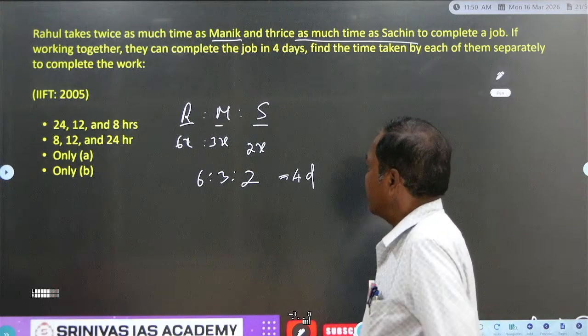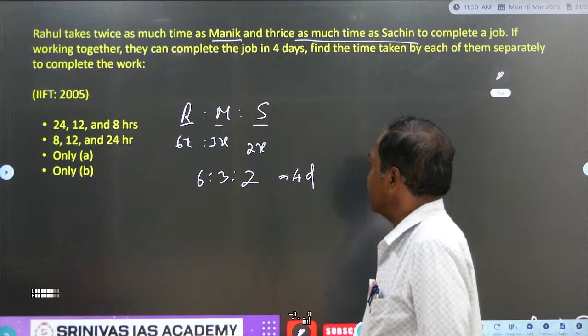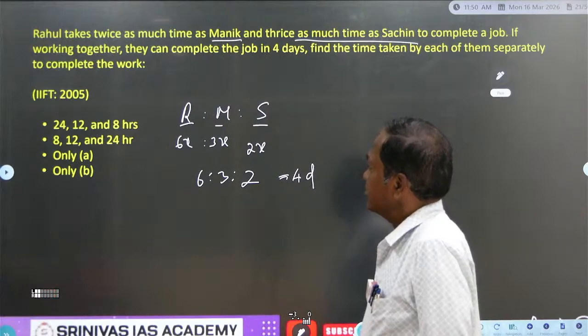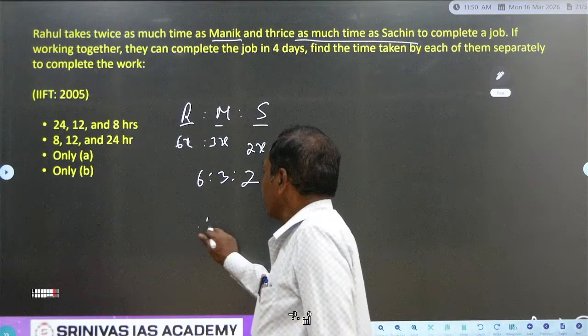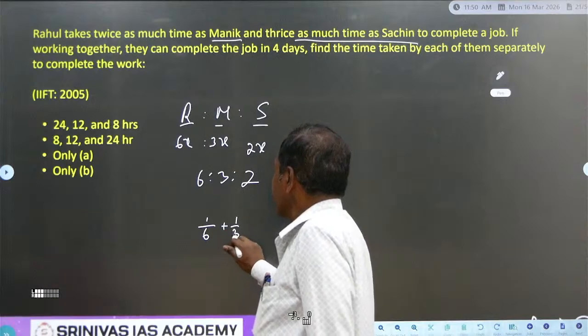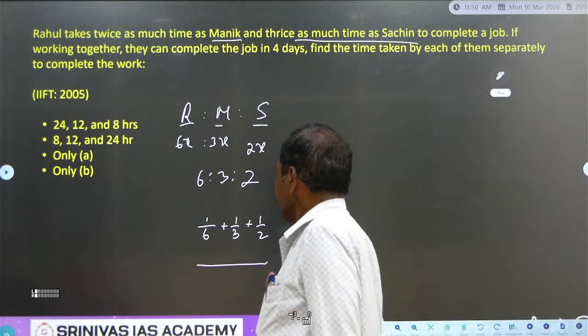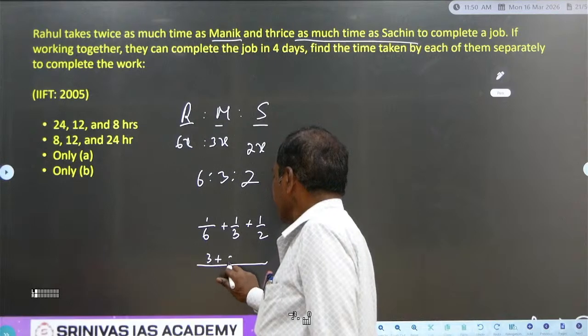But 4 days is given. Then how do you do now? So what is the total of the ratios? 9 to 18. You can take 1/6 plus 1/3 plus 1/2. What is the LCM? 6, 3, 2.